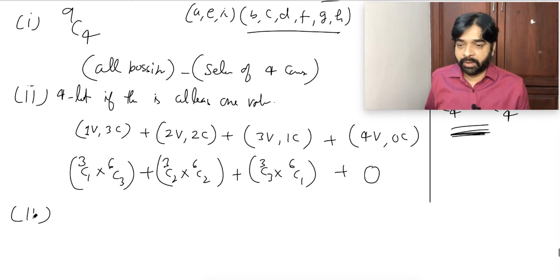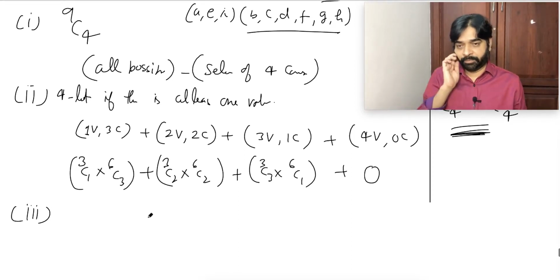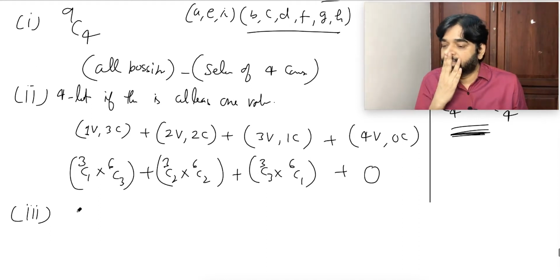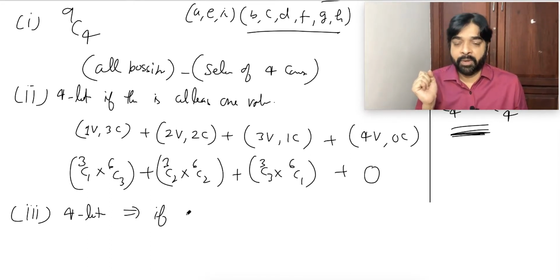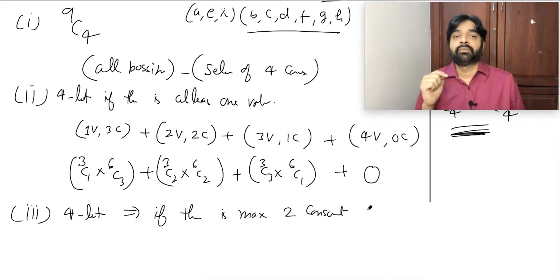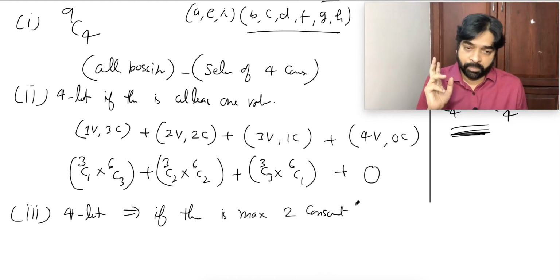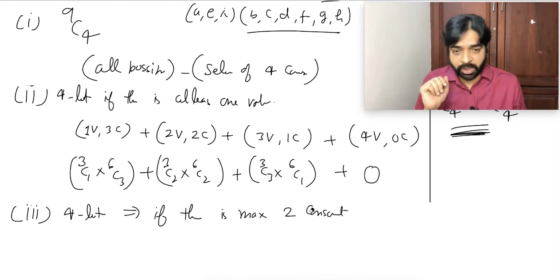Next, third bit. Four letter selection. If there are maximum 2 consonants, not 2 consonants, sorry, change it.